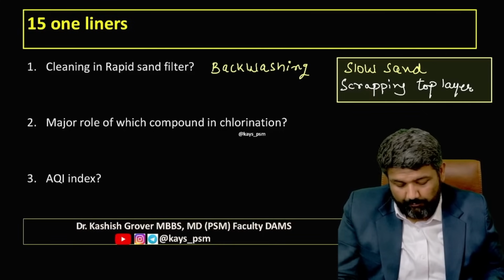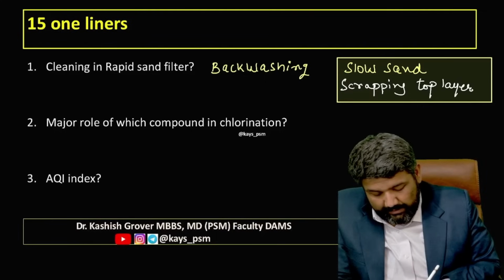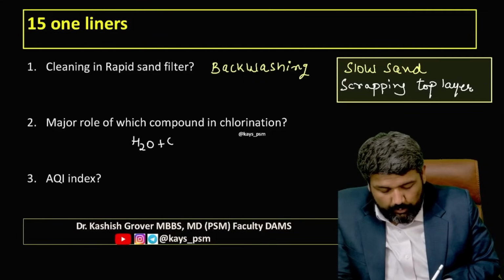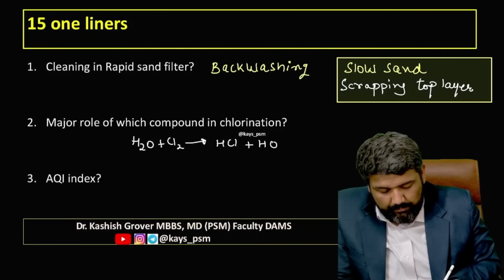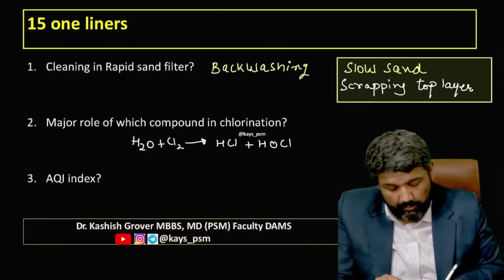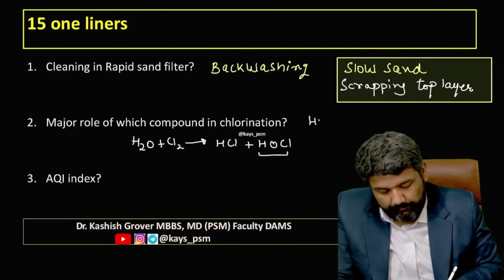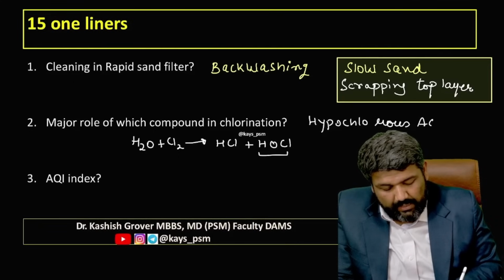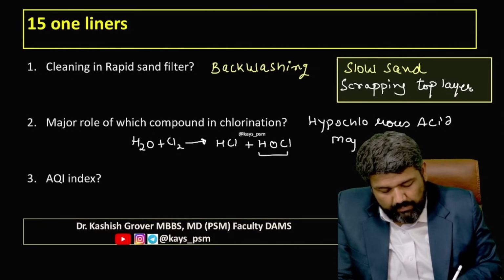Major role of which compound in chlorination, guys? Whenever chlorine is added to water, we get HCl plus HOCl. HOCl is known as hypochlorous acid. This hypochlorous acid has the major role.